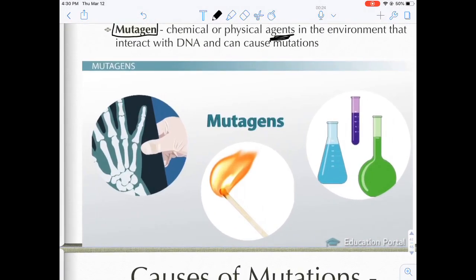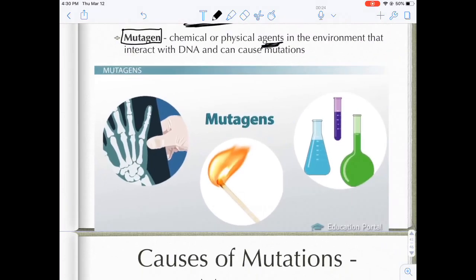So you probably have noticed if you've ever had an x-ray that you wear a lead cover, and that is just blocking you from the intense energy in the X-ray, so that you're not mutating your cells.